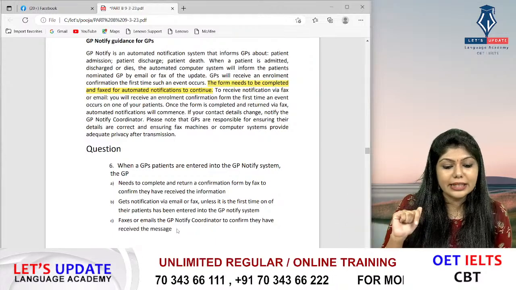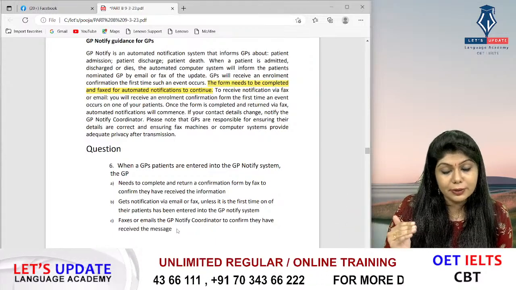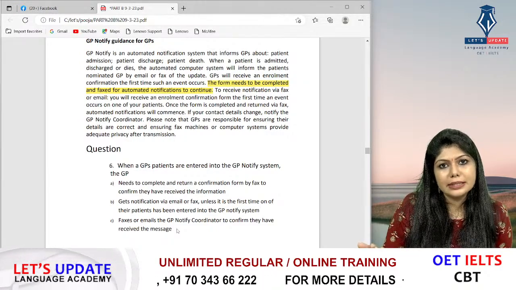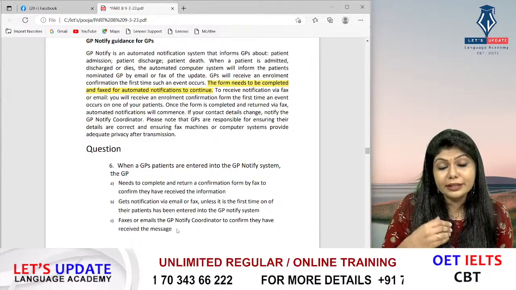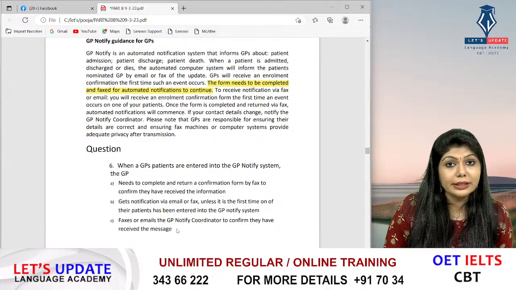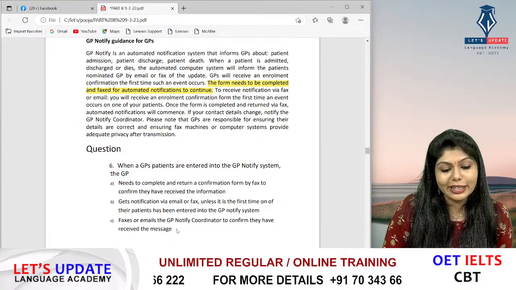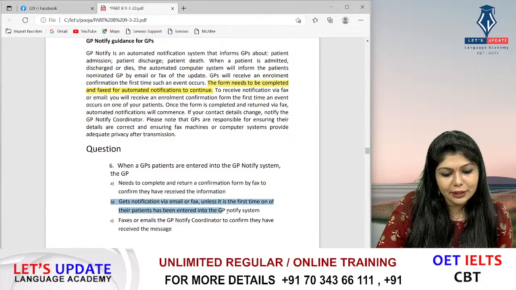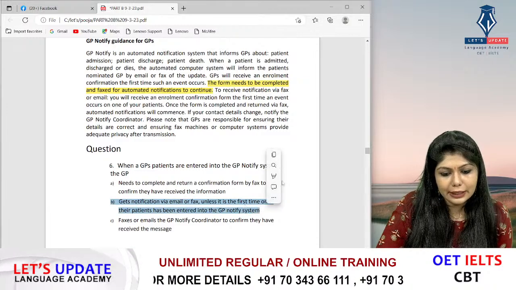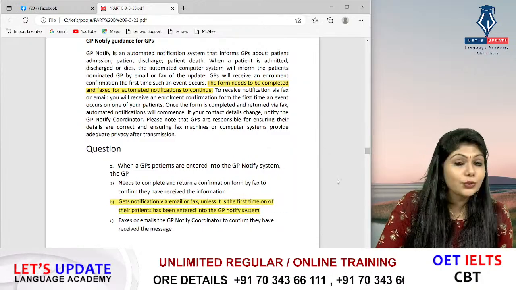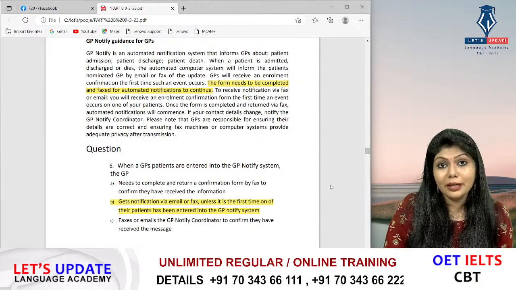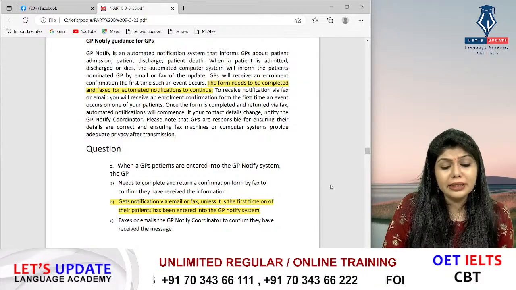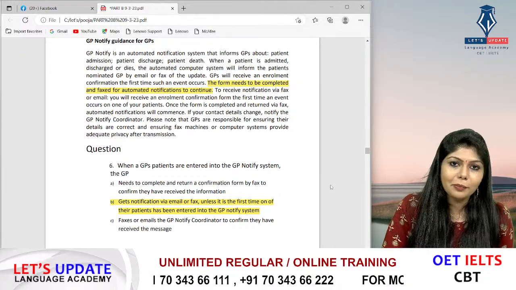Once it's been entered, definitely they can give a confirmation or complete the form, and then the automated notifications will continue. That is what is mentioned in the extract, and because of which your correct answer would be B. So the options were a little bit confusing, but I hope I have cleared the confusion, because you can directly eliminate the other two options, A and C, and come directly to option B.